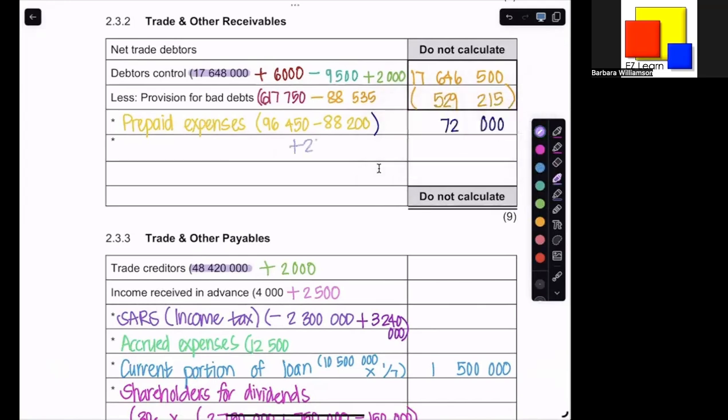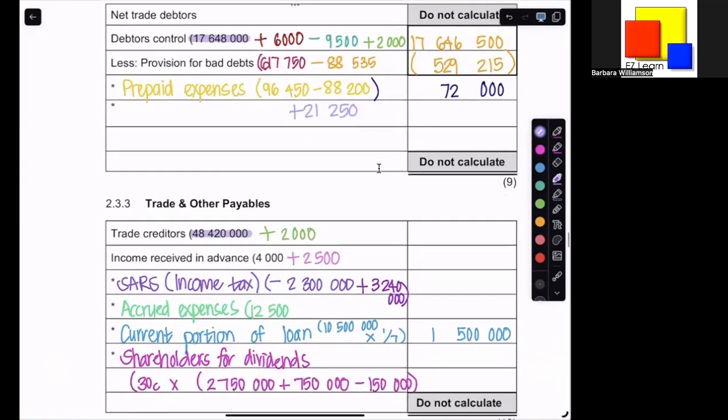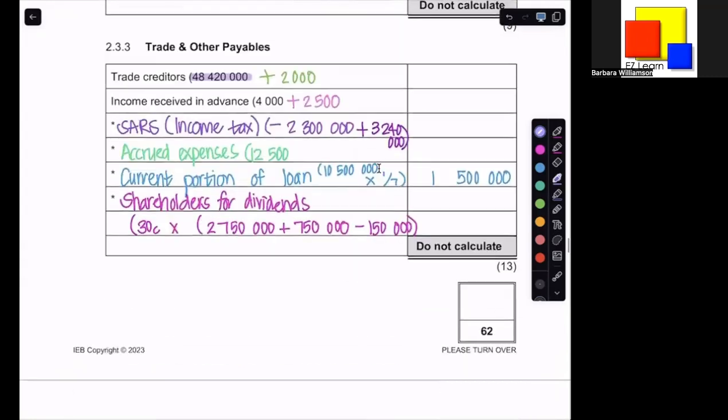It came in from there. So you can show them as two separate lines, having two prepaid expenses, one for insurance and one for advertising, or you can combine them. It doesn't matter. Don't let an extra line throw you out.